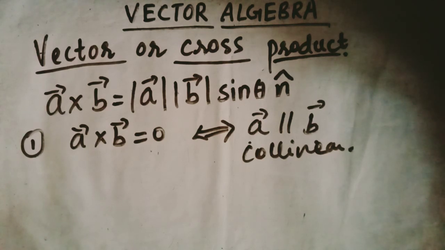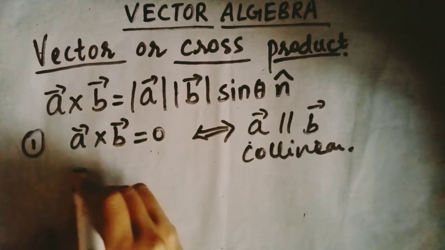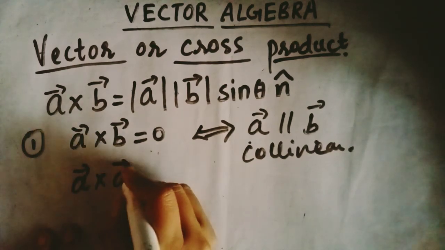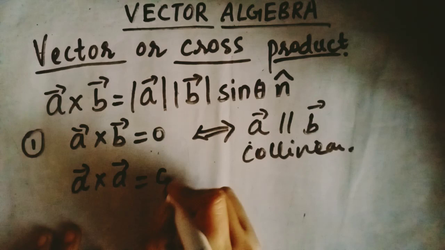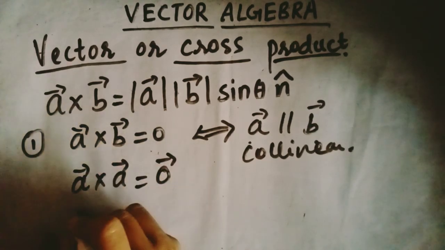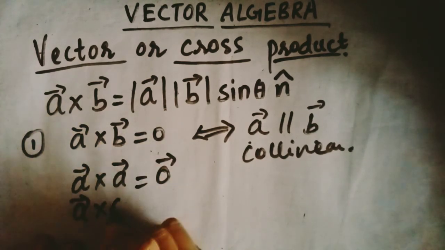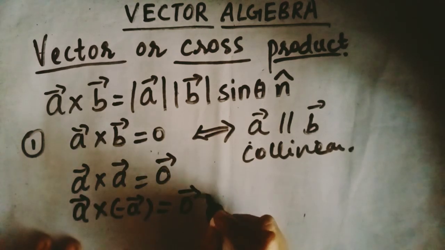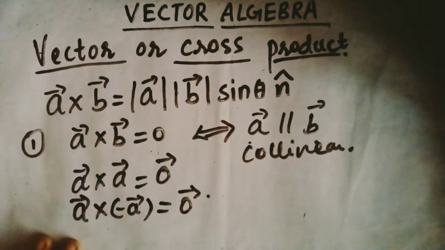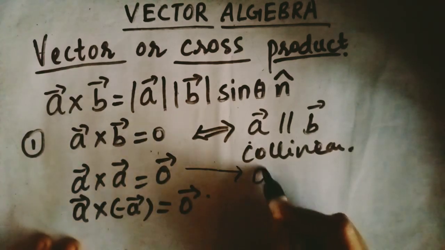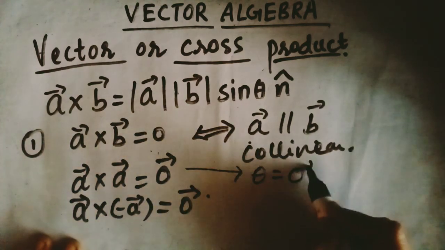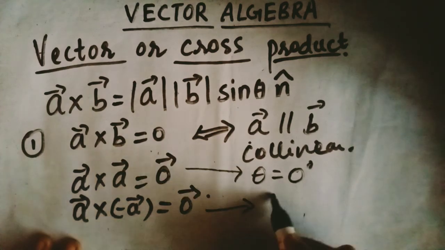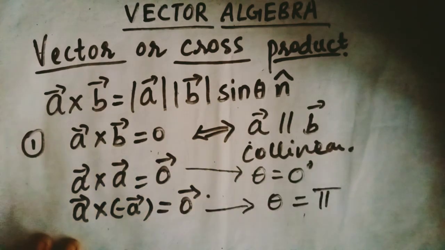Then A cross A, that is a particular case when both the vectors are same. A cross A is 0 vector. And also A cross minus A, that is negative of a vector, will give you a 0 vector. So here theta is 0 degree and here theta is pi.